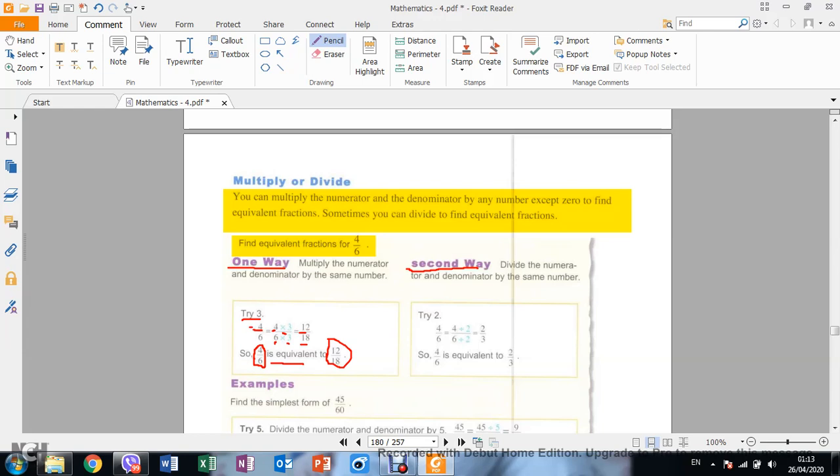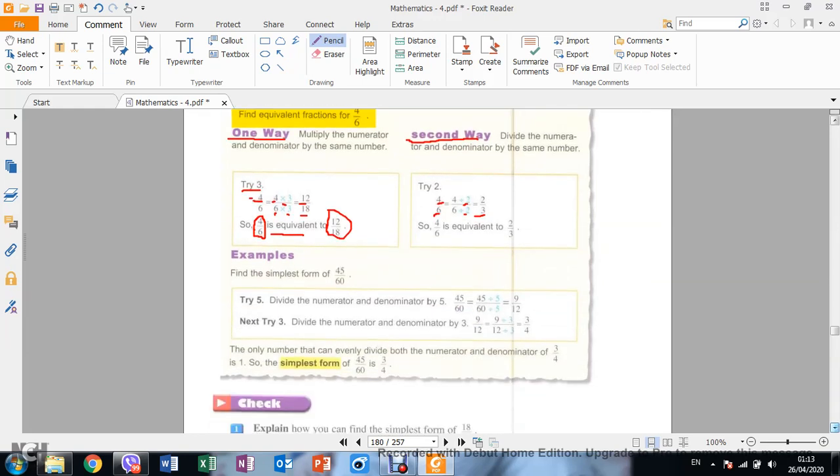If there is a number that you can divide both numerator and denominator by, for example 4 and 6, we can divide by 2 together. 4 divided by 2 is 2, 6 divided by 2 is 3. So our answer is 2/3. So the equivalent fraction for 4/6 is 2/3 by using divide.